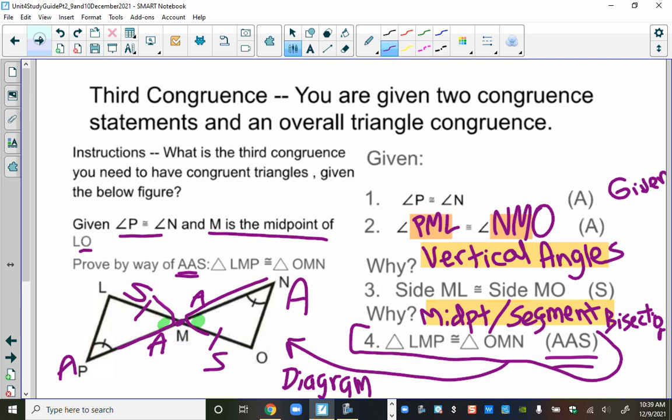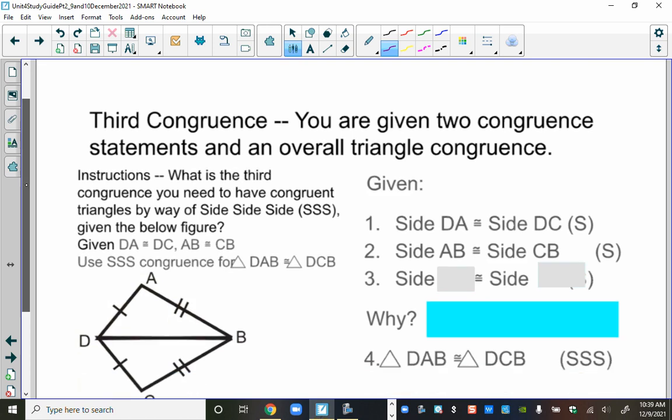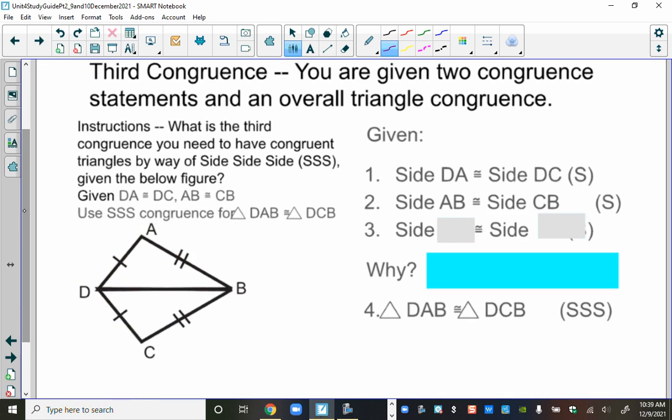All right. Now this last one, they gave us two sets that are congruent, and they're telling us in the end we're going to have a side-side-side congruence.